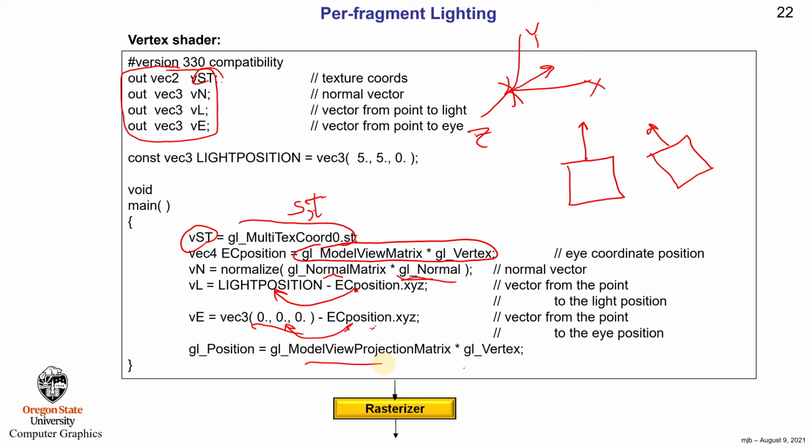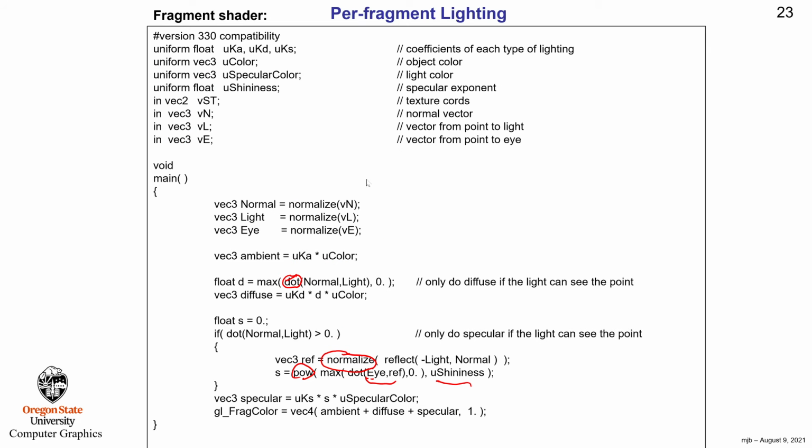Okay, model view projection matrix times gl_Vertex, pass that down the pipeline. But now we've got a whole bunch of other information, including all these vec3s. Those are the vec3s from the lighting equation, and the fact that we've made them out variables means they are going to be interpolated into the fragment shader. Here are some uniforms. They can be set from outside. This is the color of the object. This is how much specular, diffuse, and ambient there should be.